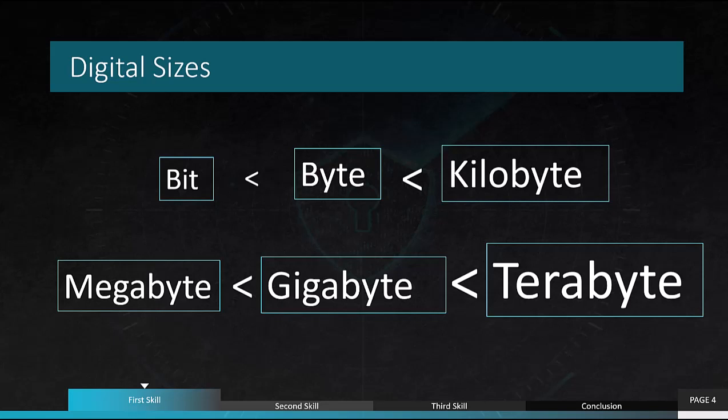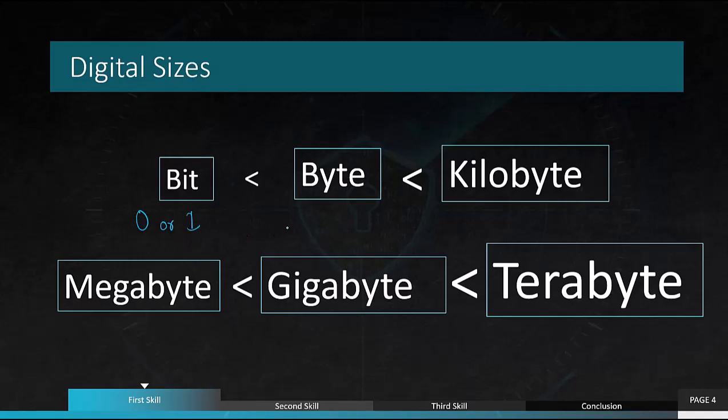If I talk about the very basic one, the smallest unit of digital information is a bit, which can have a value of either 0 or 1. It means the bit is able to store either 0 or 1.